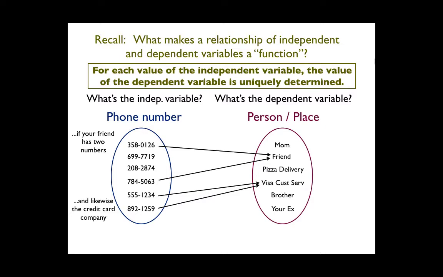And like I said, the reason we're concerned about this isn't because it's not allowed. You don't want your phone to do that for sure, but in terms of the usefulness of function notation, it's useful for things that are actually functions, so that when I say f of 7, that describes precisely one value, the value of the dependent variable when the input is 7, which should be one thing, not multiple different things depending on something else.